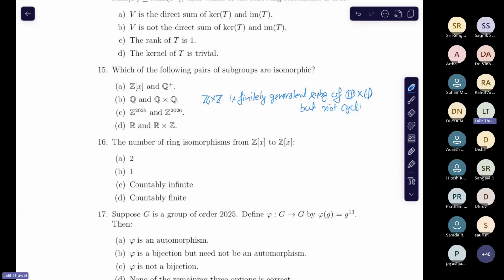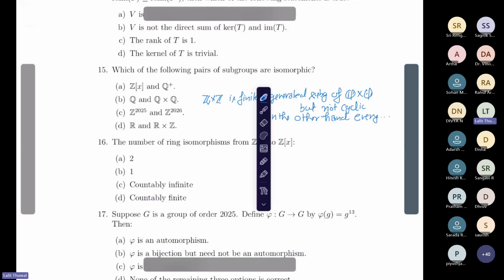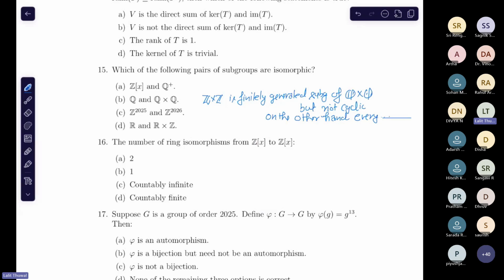On the other hand, every finitely generated subgroup of Q is cyclic. That is very easy to prove. Just take a finitely generated subgroup and it sits inside a cyclic group. Write it and you will be able to do it. Not difficult.